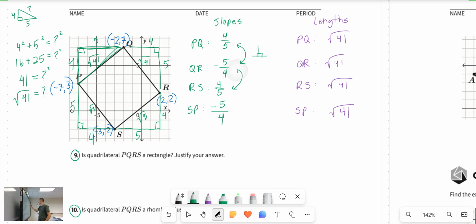These two are adjacent, and because -5/4 is an opposite reciprocal of 4/5, those two are perpendicular. These two are adjacent, and they're perpendicular. And finally, these two are adjacent, and they're also perpendicular. All right, so all four of them are perpendicular.